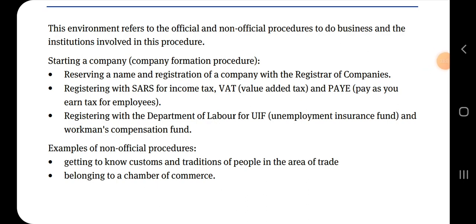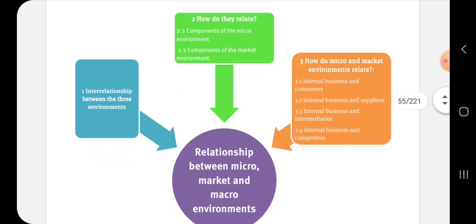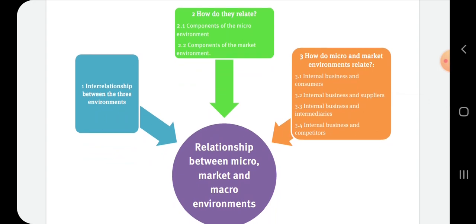Let's look at the interrelations between the three environments: micro, market, and macro. So interrelationship between environments is how do they relate? That's what you have to know. How does the market environment relate to the micro environment and to the macro environment? So you have to know the relationship between these three.